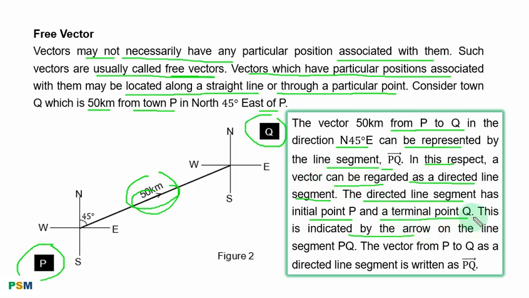We said this is indicated by the arrow on the line segment PQ. The vector from P to Q as a directed line segment is written as vector PQ. So you see the arrow showing the direction from P to Q.